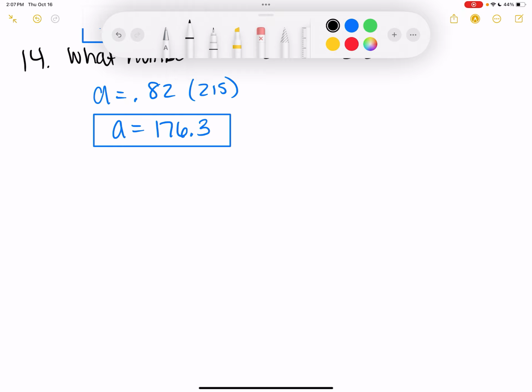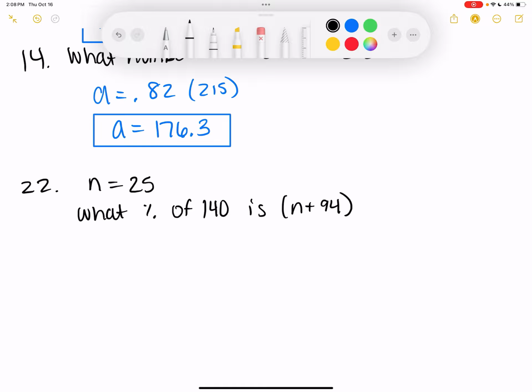22. For 22 through 25, they tell us that n is equal to 25. And then they give us a problem statement. What percent of 140 is n plus 94?